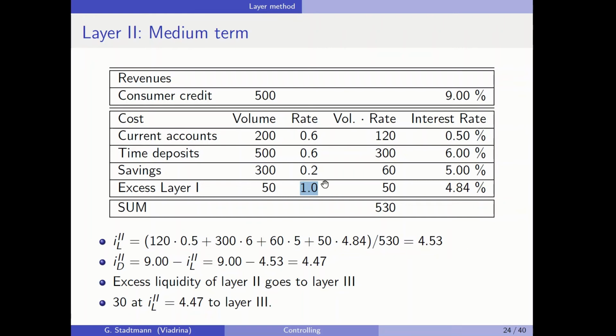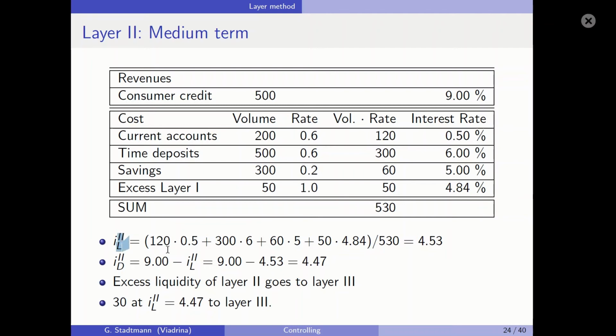Let's compute the volume times this kind of rate here. We get these times this amount of volumes, and then we once more have to compute a weighted average interest rate for the liabilities for layer 2.